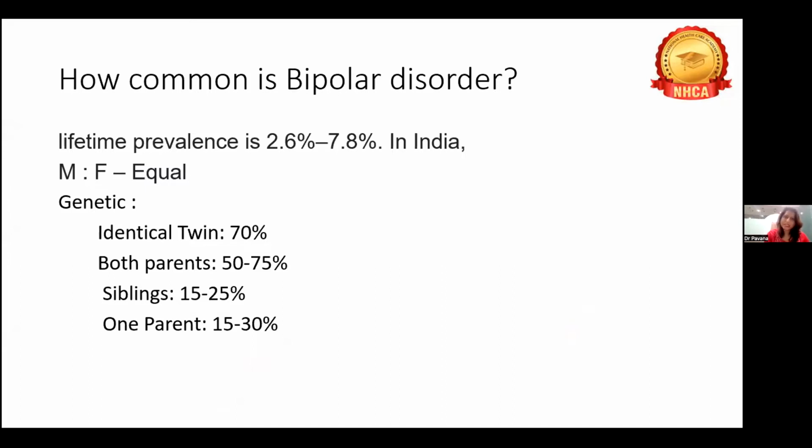How common is bipolar disorder? Lifetime prevalence may be around 2.6% to 7.8% in India. This is a very recent survey done by the NIMHANS studies, conducted in 2020.